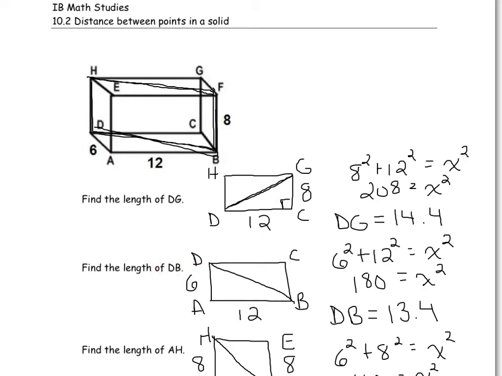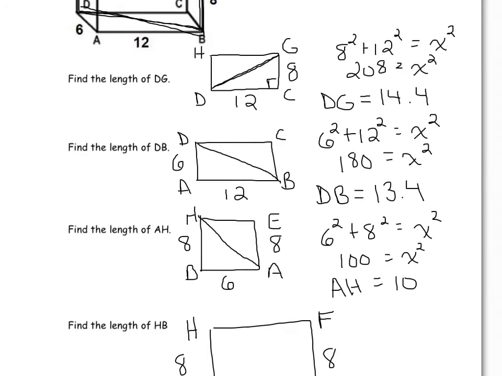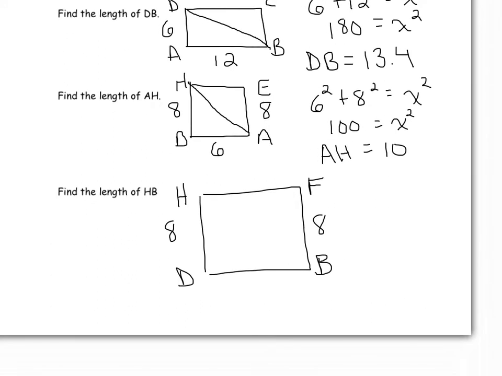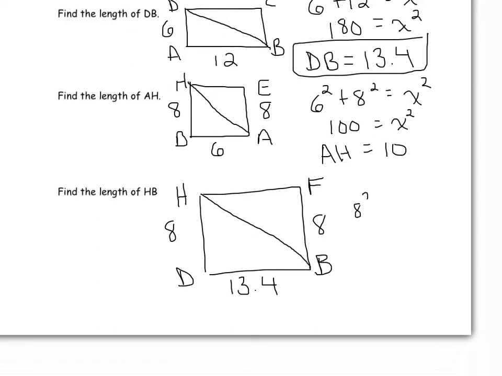We did. So remember how IB likes to use previous answers as you move along. So DB was 13.4. And we're trying to find that distance HB. Again, Pythagorean Theorem. 8 squared plus 13.4 squared equals that distance squared.